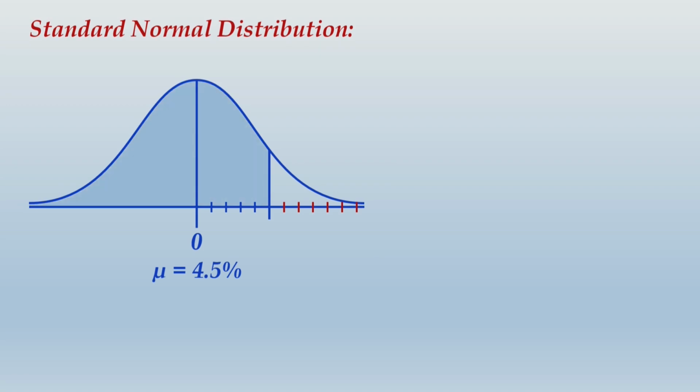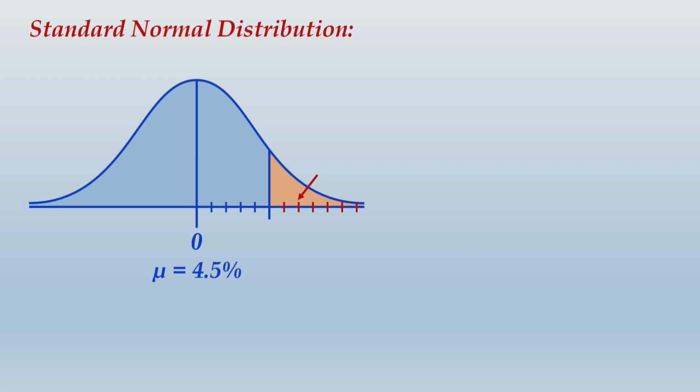So the blue shaded region indicates that if the test statistic falls in that region, we fail to reject the null hypothesis, whereas this red region is the critical region. If the test statistic comes here, then the null hypothesis stands rejected.